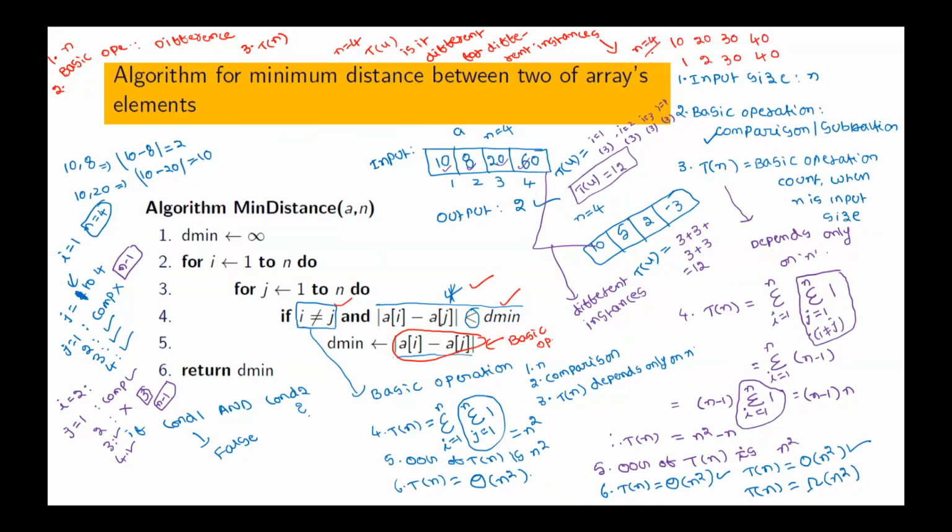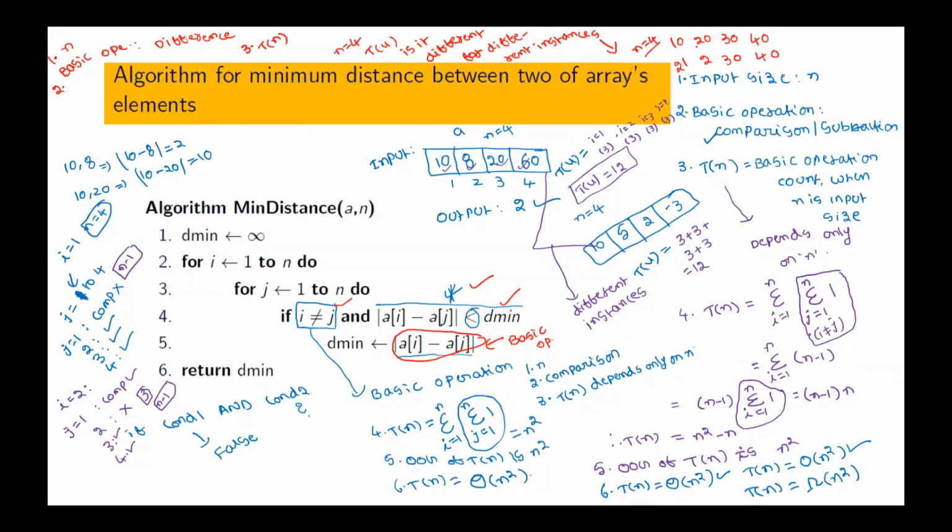How many times is this operation performed in the first case? Okay, let us put it as 21. First we compare 10 and 20.